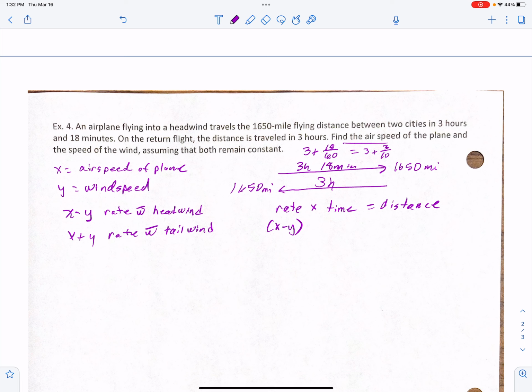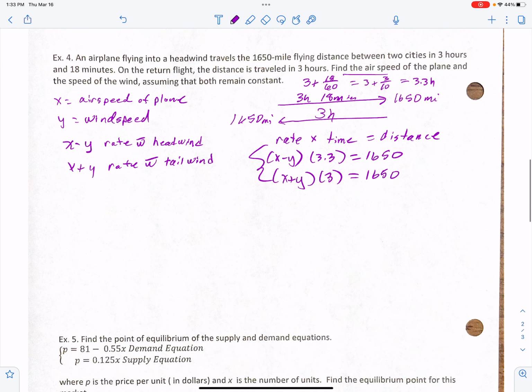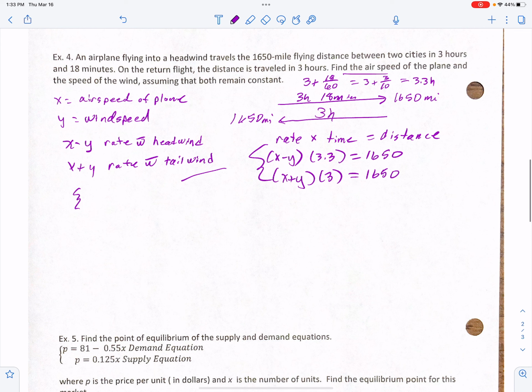We chose a convenient number of minutes because it's exactly 3.3 hours. So on the way there, it takes 3.3 hours at the rate of x minus y to get that distance. On the way back, the rate is x plus y, and it takes 3 hours to go that. So that is your system. So it's just how you want to go ahead and solve it.